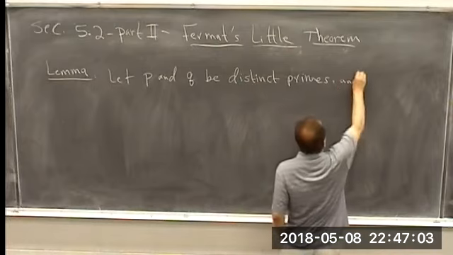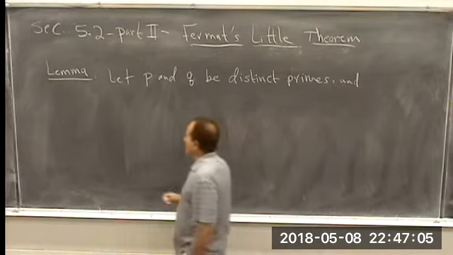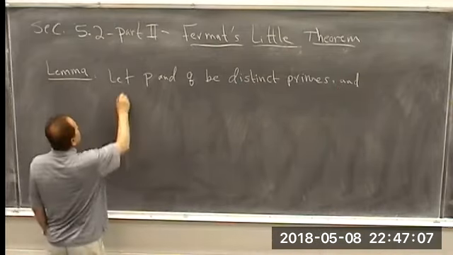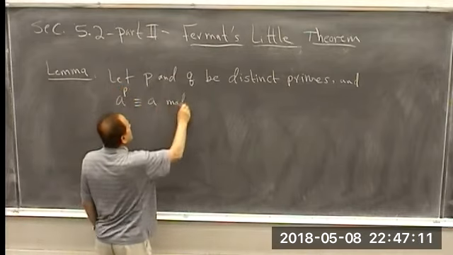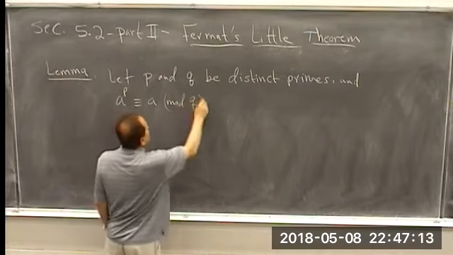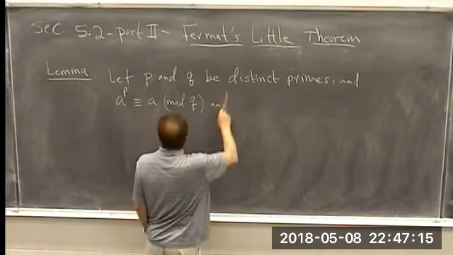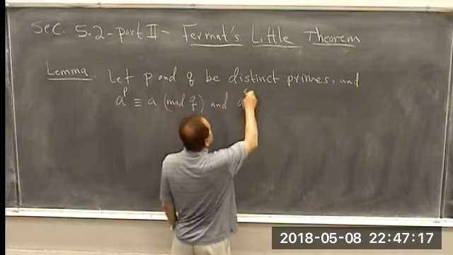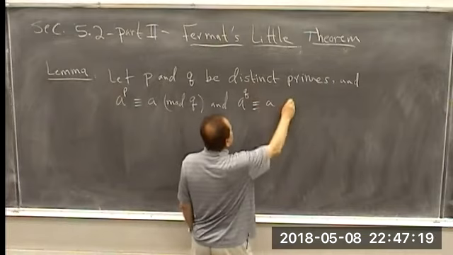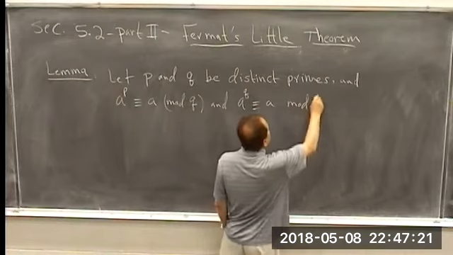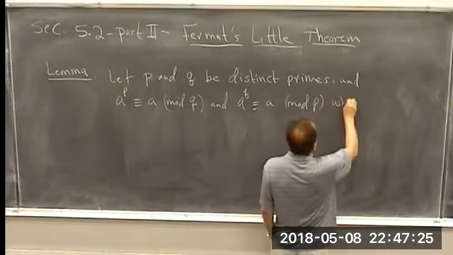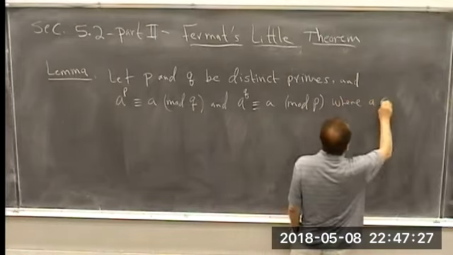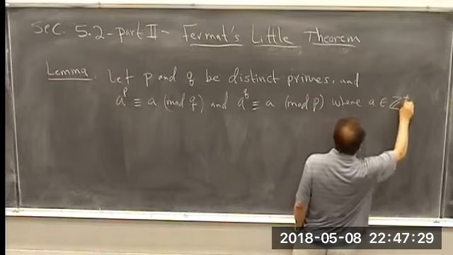And assume that we have a^p is congruent to a mod q, and a^q is congruent to a mod p, where a is a positive integer.